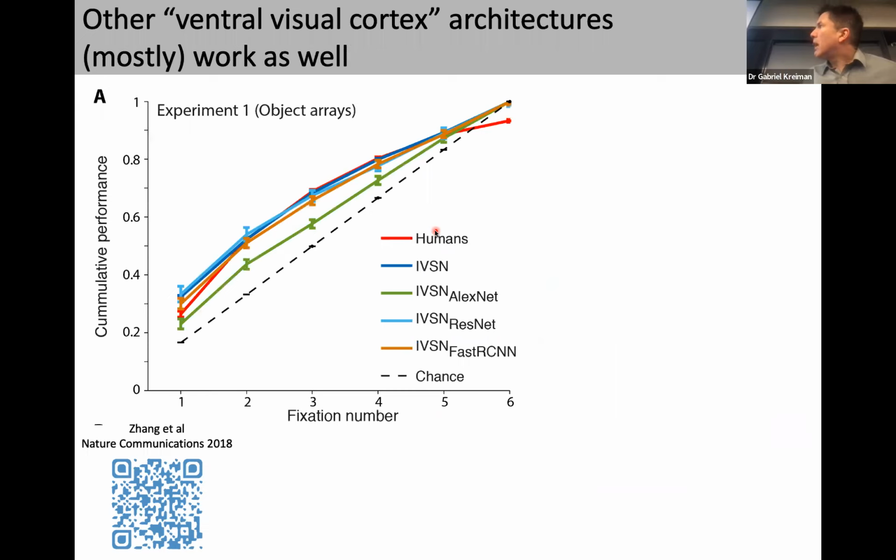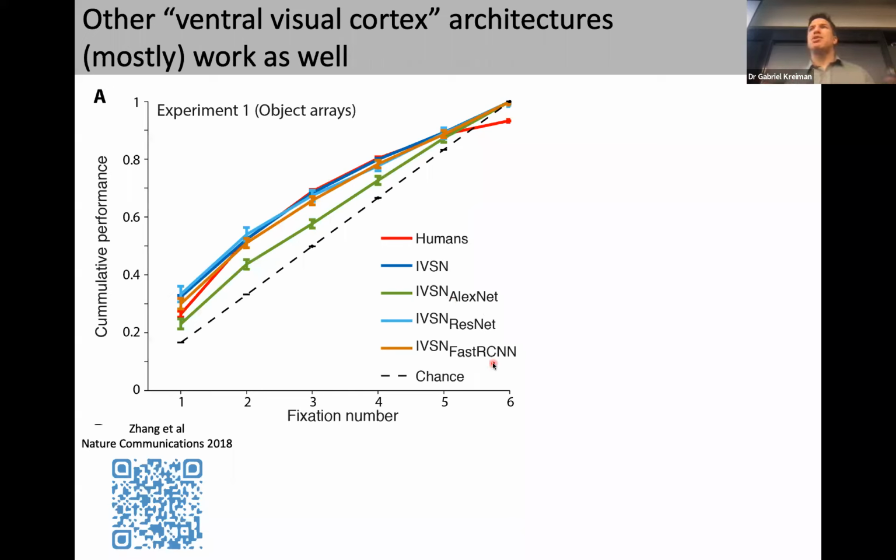So first of all, I told you that the basic backbone of the model is something called VGG. This is a deep convolutional neural network with 16 layers. If you change that architecture, that backbone, to something else, nothing much changes. So here's the one that I just showed you. There's something called AlexNet, ResNet, FastRCNN.